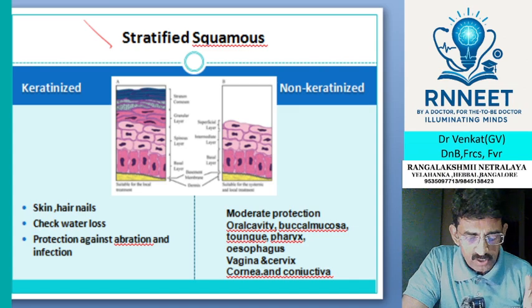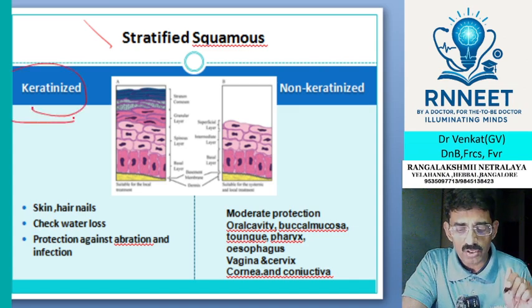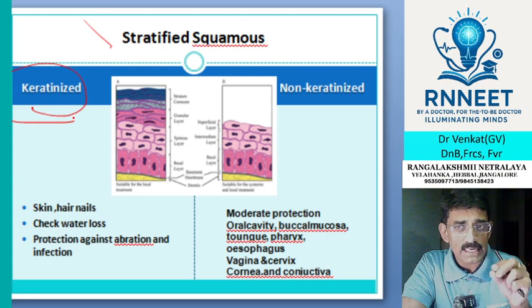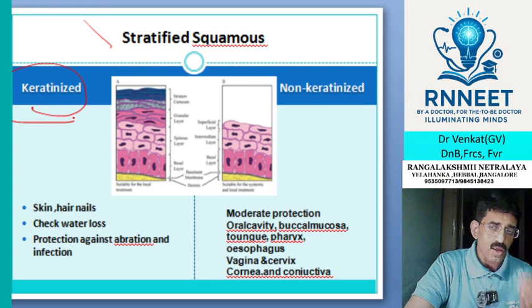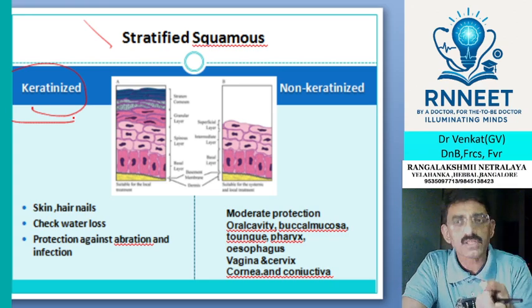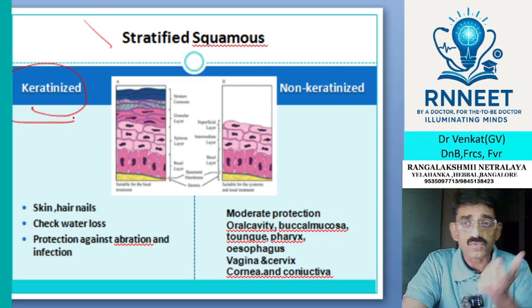So part of the skin could be what is called keratinized. Keratin means a thick kind of horny material which is secreted, which makes it very, very hard. Under your toes, if you see the callus that is formed, that is all very thick. The same skin in another area is very soft, whereas certain areas are very hard.